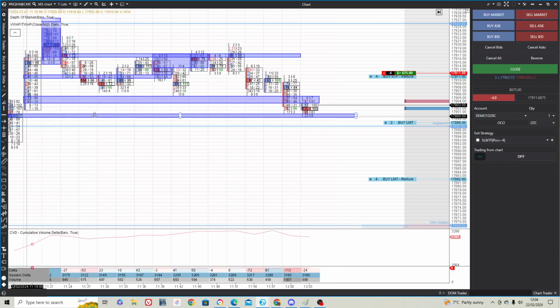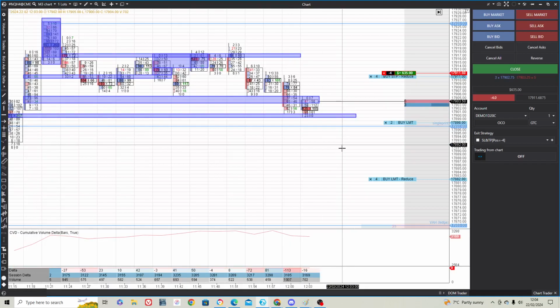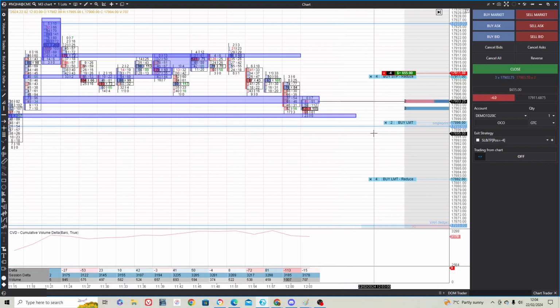I don't really like how price is holding this HVN. We're frustratingly close to the single print.